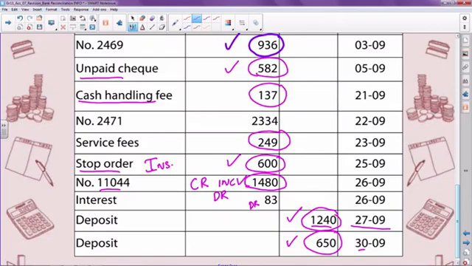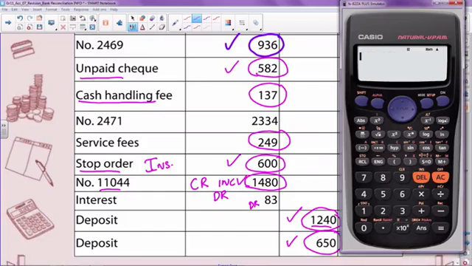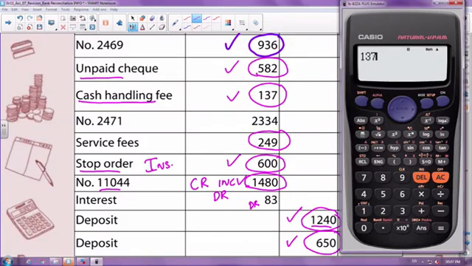Remember, interest and bank charges are always recorded separately. So let's quickly calculate our bank charges for the month. Cash handling fee, 137, plus our service fees, 249.